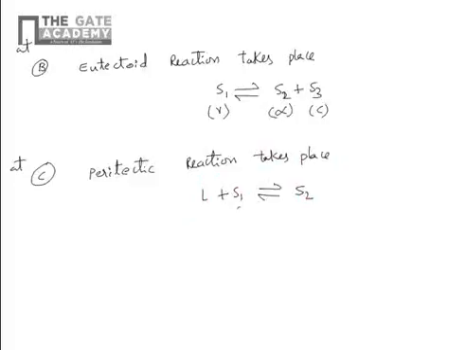So the solid is delta, and the other solid is gamma. Liquid and solid converting into another solid is called the peritectic reaction. So this is about the iron carbon equilibrium diagram.